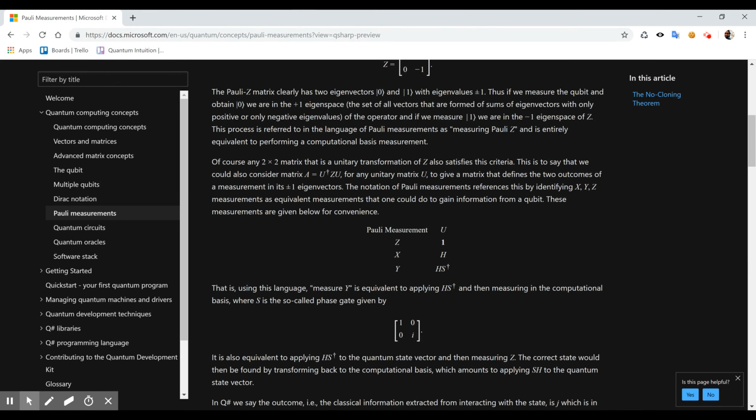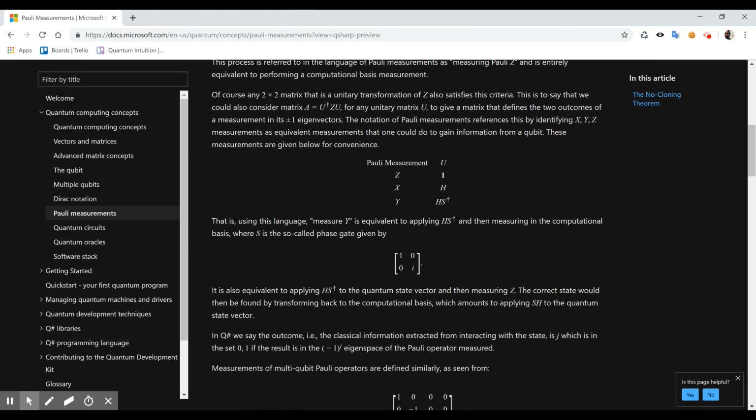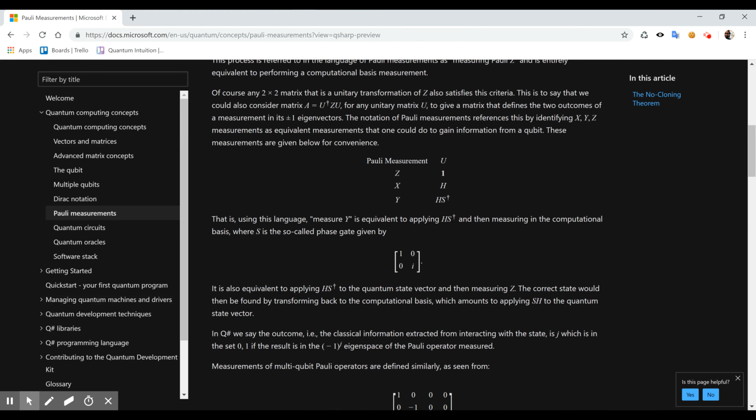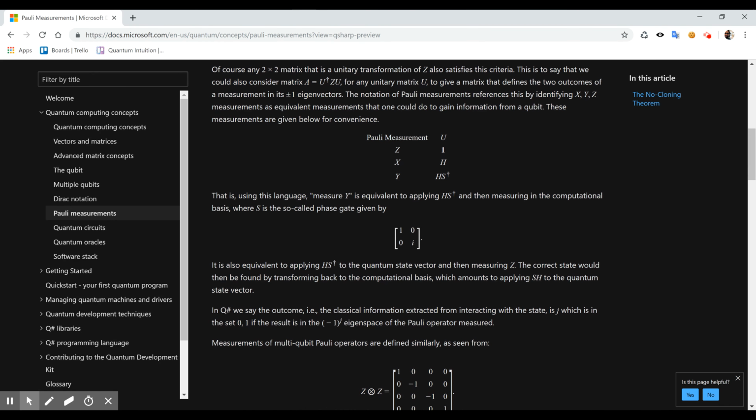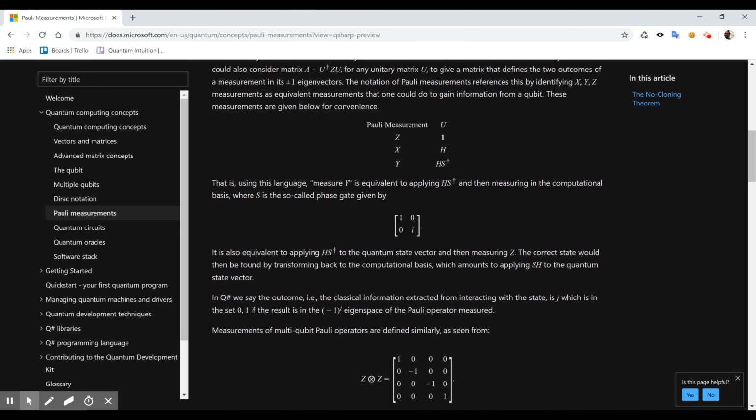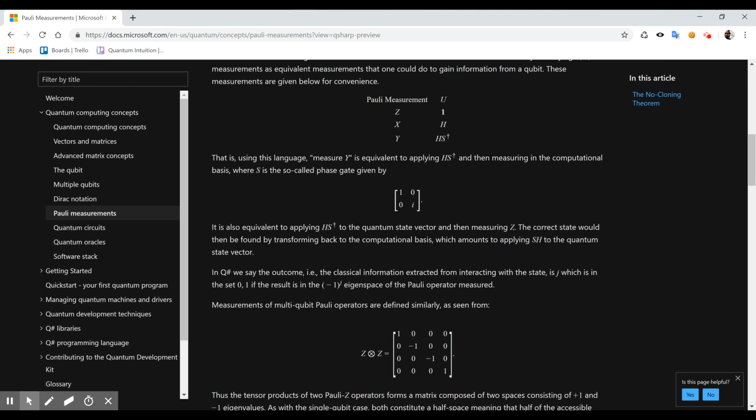That is, using the language, measure Y is equivalent to applying H S transpose, then measuring in the computational basis, where S is the so-called phase gate given by this. It is also equivalent to applying H S transpose to the quantum state vector and then measuring Z.